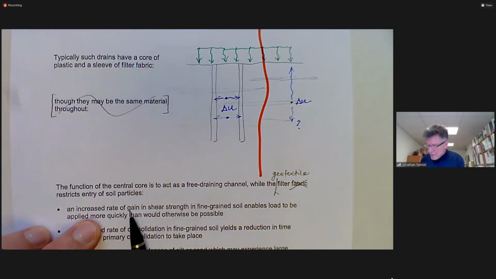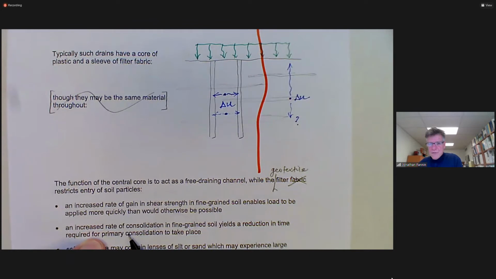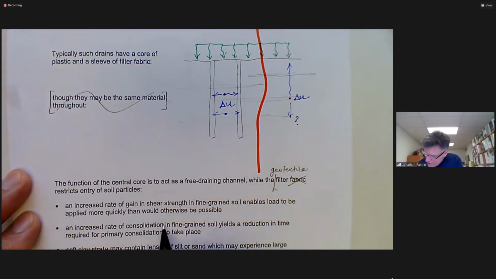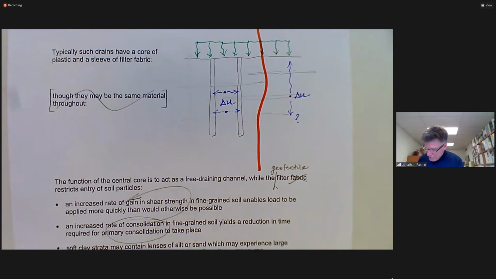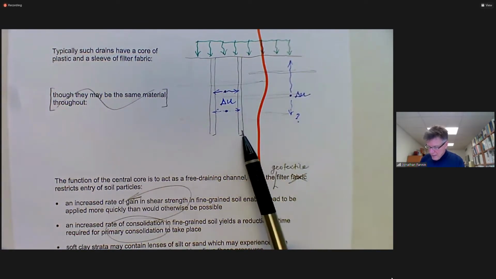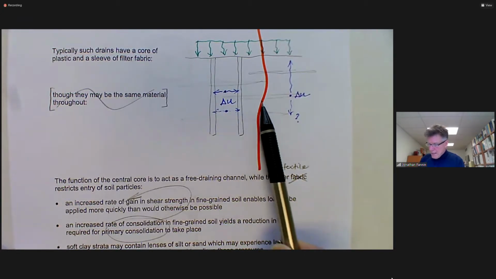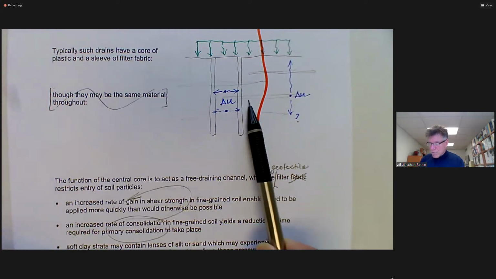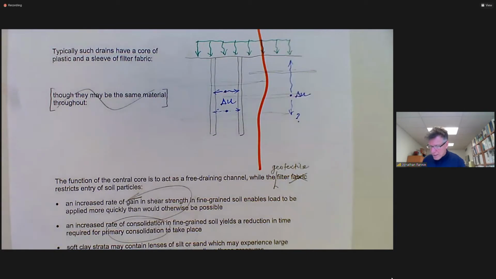And thus we get this anticipated increased rate of consolidation. That increased rate of consolidation generates an associated increased rate and gain of shear strength. And were we to have significant lenses in here, then pockets of potentially elevated excess pore pressures will be drained, in essence, preferentially drained as well.